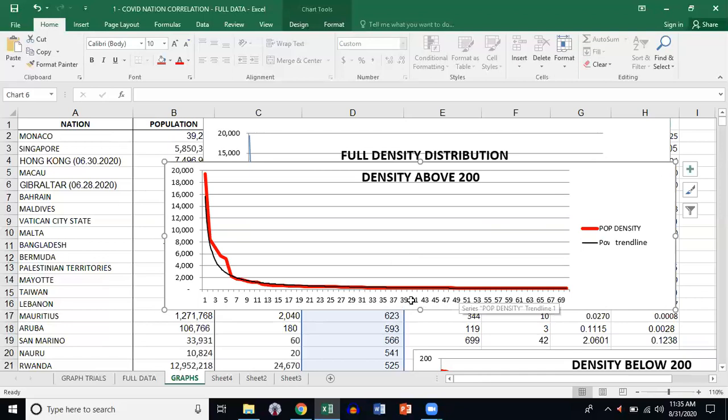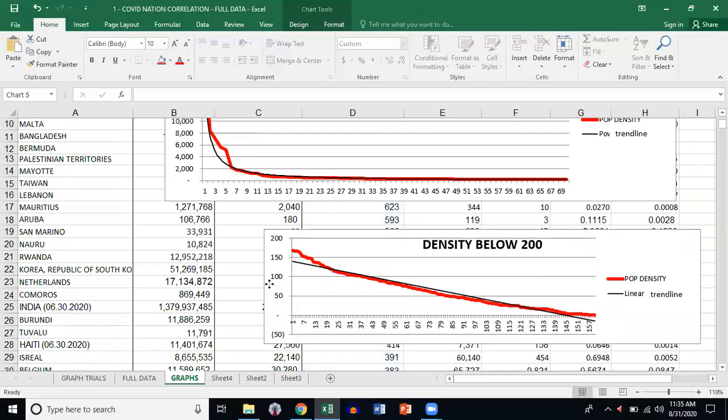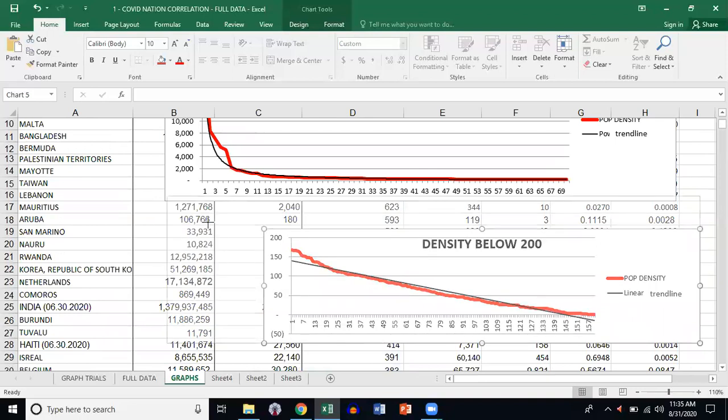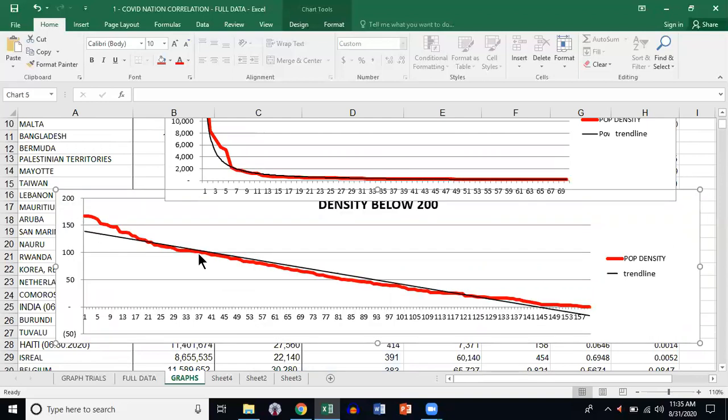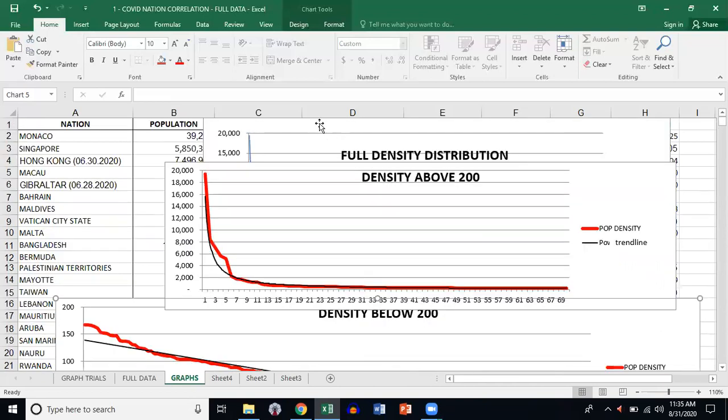So what I discovered first is that below 200, it is a rather linear relationship. And there it is. So the red is the data, and then the black line is a trend line, as you see here, which I'll show you how to make a little later. But basically, it is describing the lower end of that tail of the population density here.